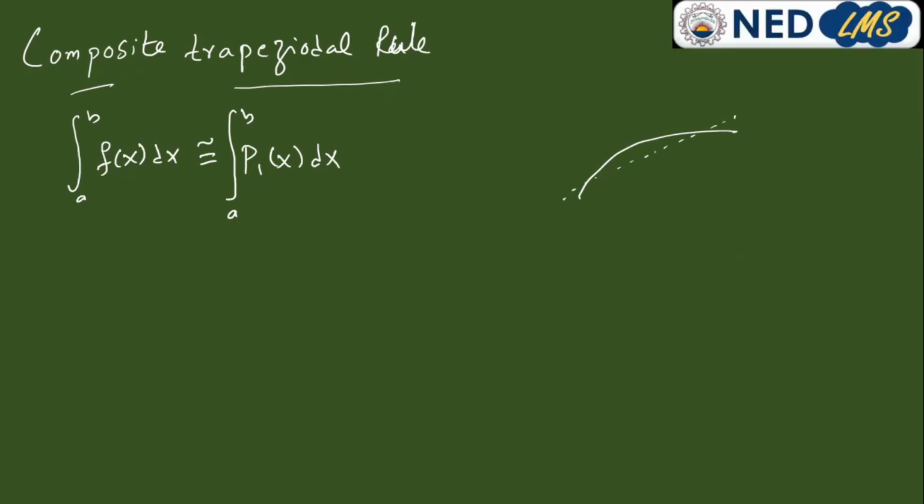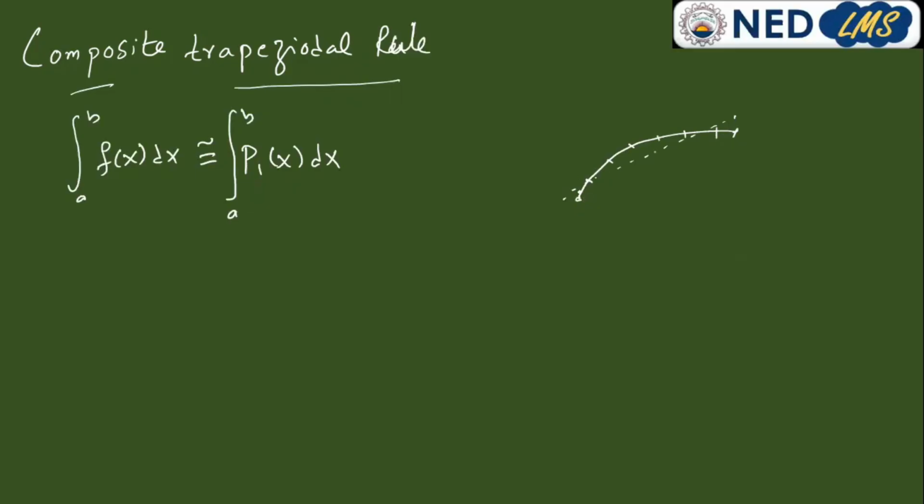But what we can do is this: if this curve is big, starting from there and ending there, so it has a proper curve in it, rather than using the complete curve from a to b, we can divide that curve into small pieces, and once we divide it, we can apply the trapezoidal rule on each piece.